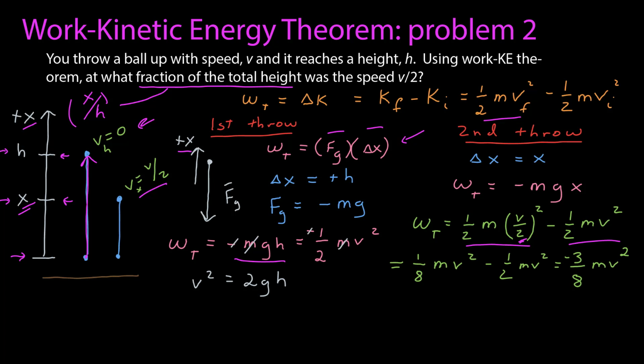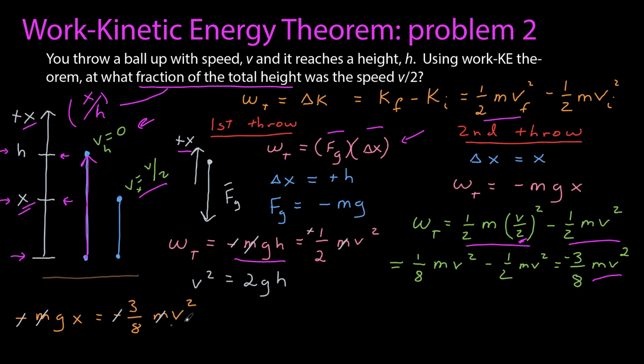So I have 1/8 m v squared minus 1/2 m v squared, and that is a negative 3/8 m v squared, because 1/2 is negative 4/8. Putting that together with the total work I calculated, I have negative mgx is equal to negative 3/8 m v squared. Well, I can again divide out the minus signs as well as the mass from both sides.